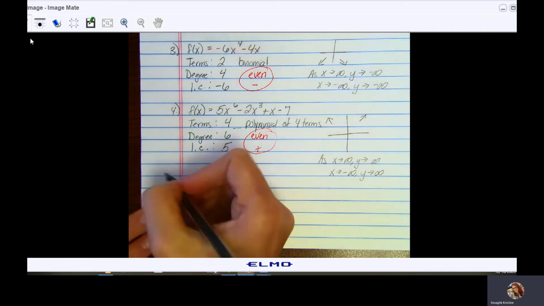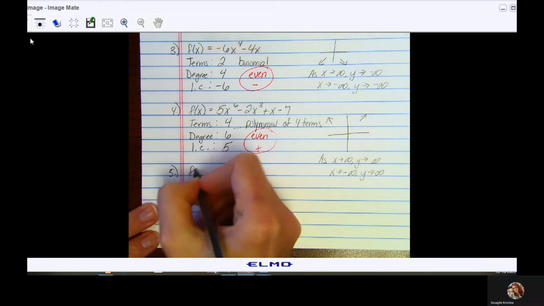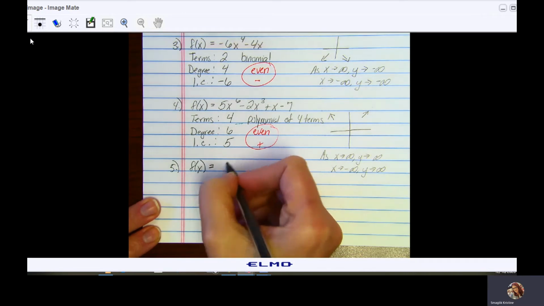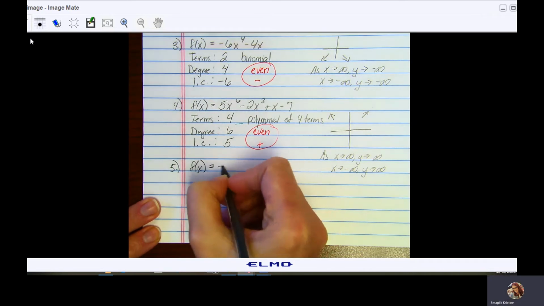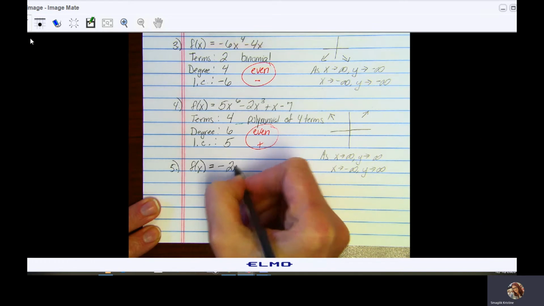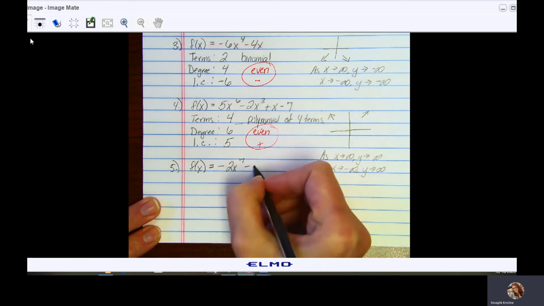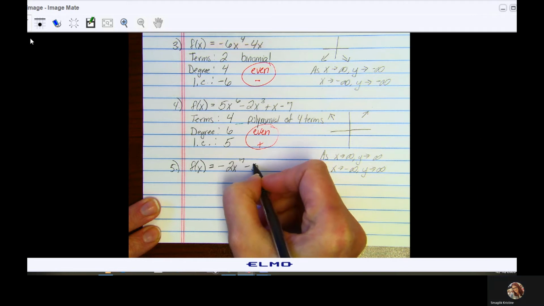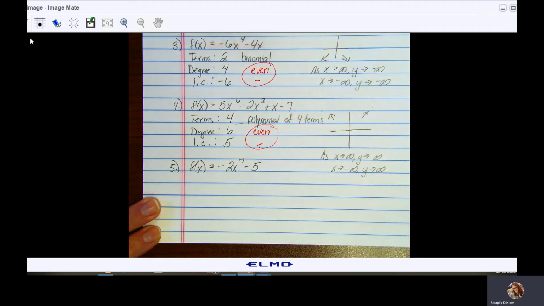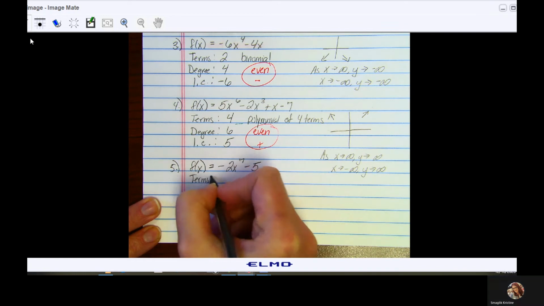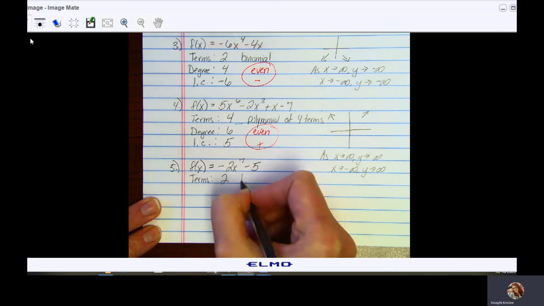Let's do one more. Let's squeeze it in. And let's do a negative 2x to the 7th, let's say, minus 5. Okay, so this again, terms, we have 2. This is a binomial.